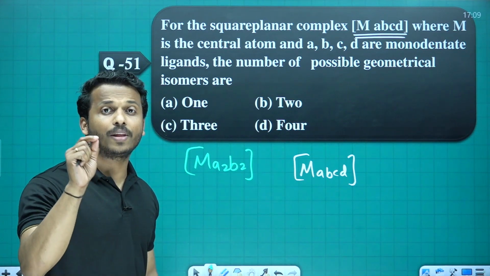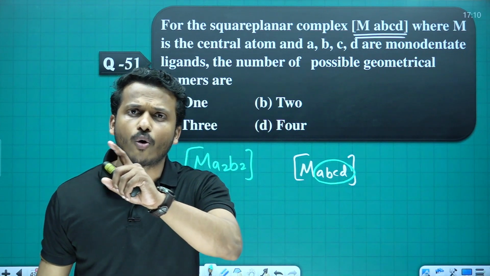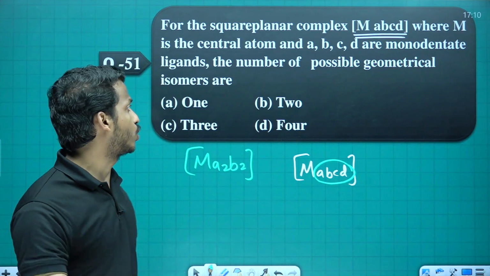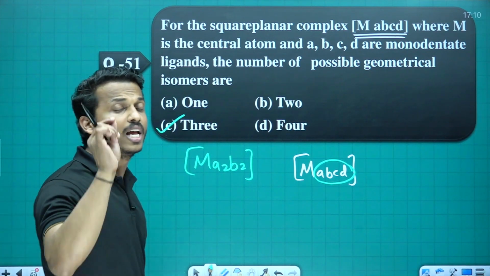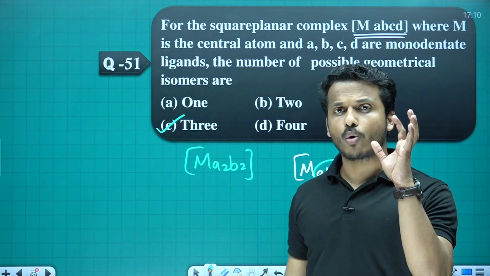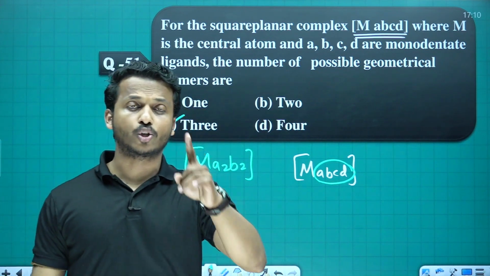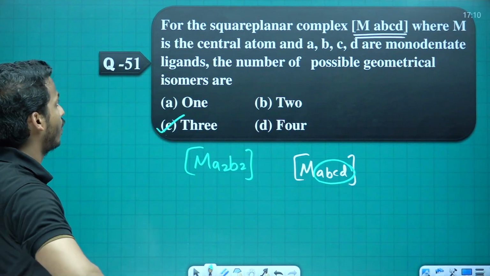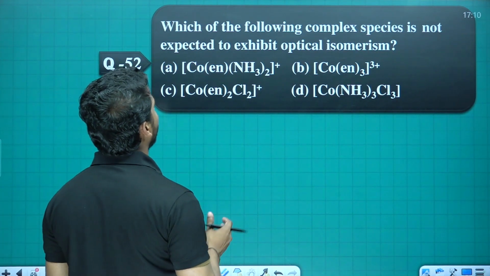But for the type MABCD, if in a square planar complex all the 4 ligands are different, then it will show a total of 3 isomers. Keep in mind, in a square planar complex, if all the 4 ligands are different, it will show you a total of 3 types of isomers.